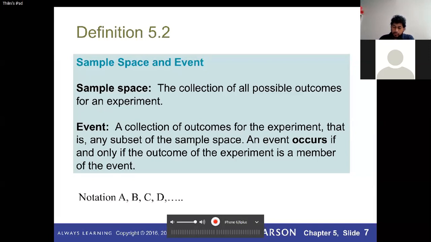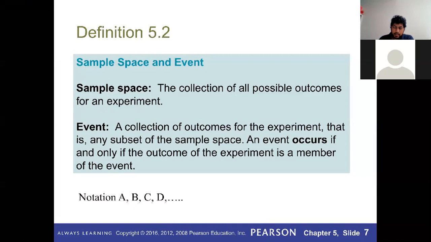First, we need to define what an event is. So before you know what an event is, there is a term called sample space, which means the collection of all possible outcomes of an experiment.